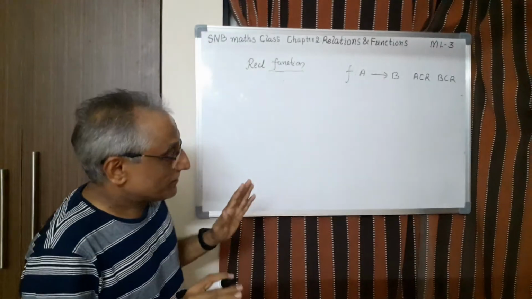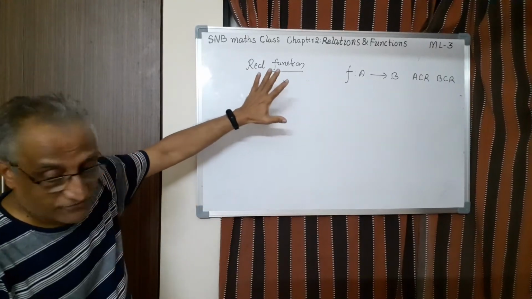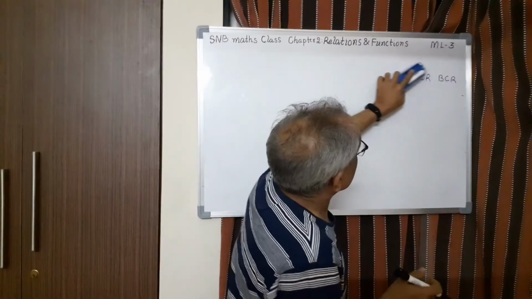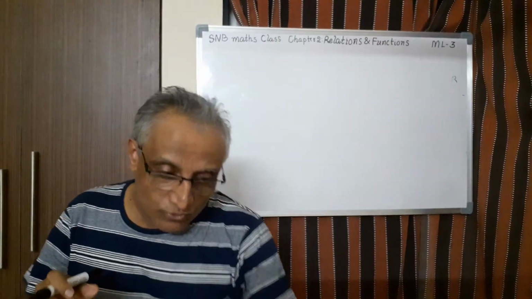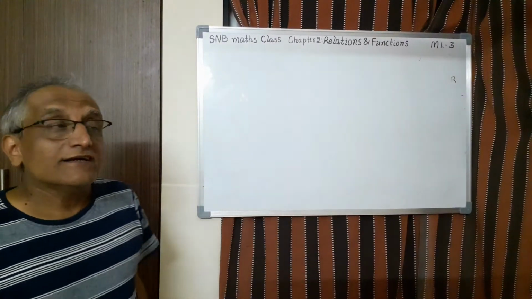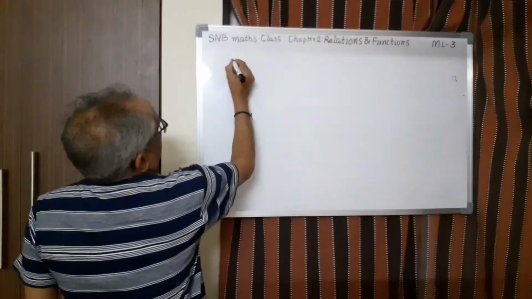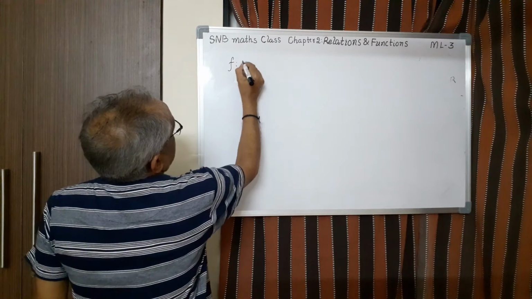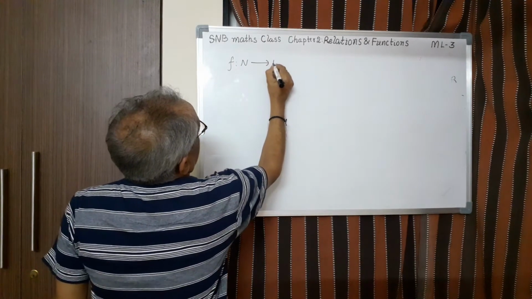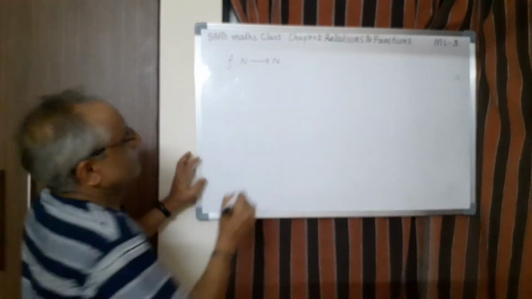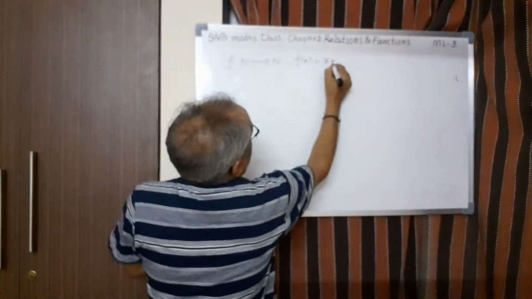Let me now give some examples. Real valued function I have already given. Real function: what is the only difference? Real function means both domain and codomain are either the set of reals or subsets of reals. For example, I can take f, a function from N to N, defined by f of x equal to x plus 2.